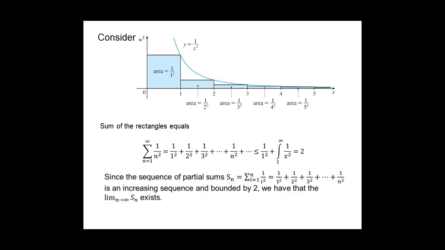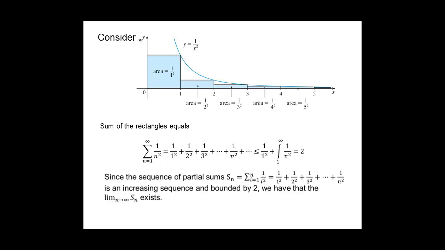Would I be correct if I say that the total area of the rectangles to the right of 1 is smaller than the area below the curve to the right of 1? The area below this curve to the right of 1 is bigger than the total area of the rectangles.